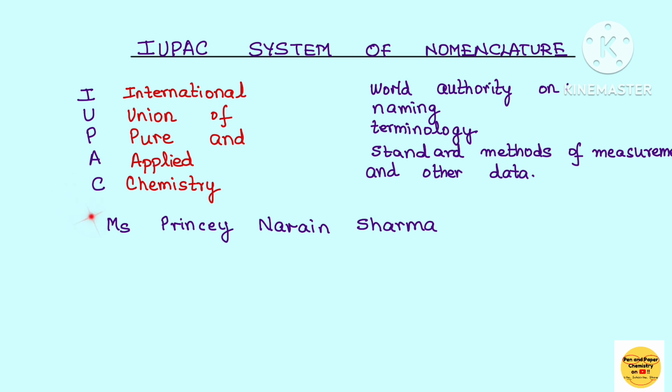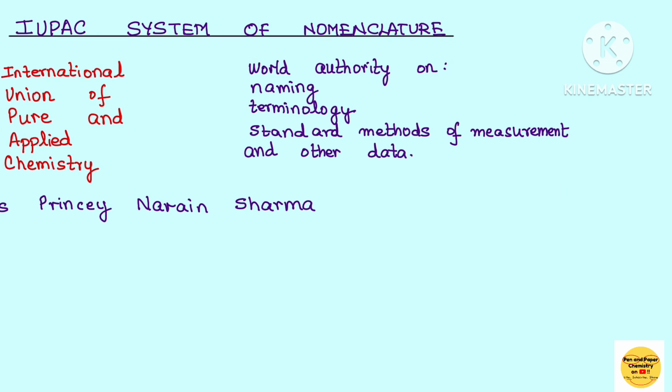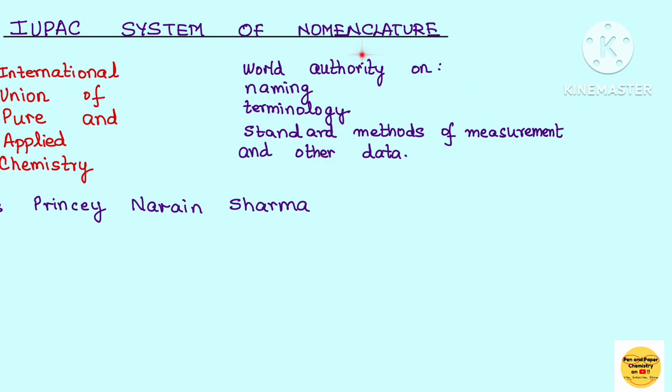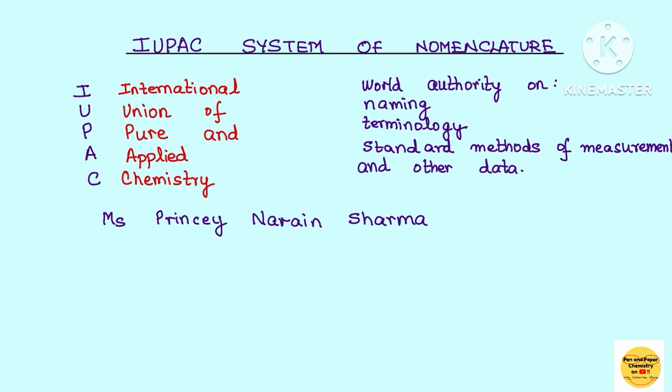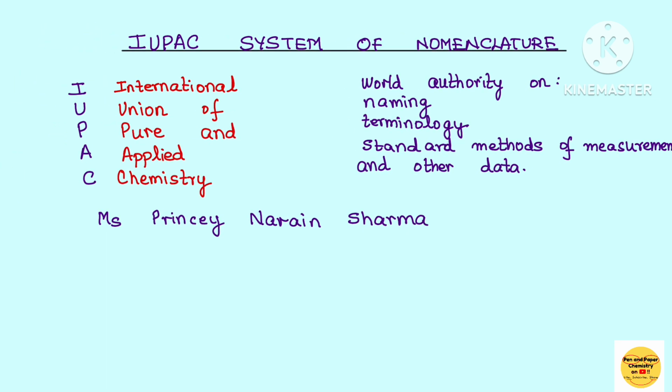What is this? This is a group of people, very well qualified, chemists and scientists, who come together to decide how we are going to name and standardize chemical compounds, their measurement and other data.